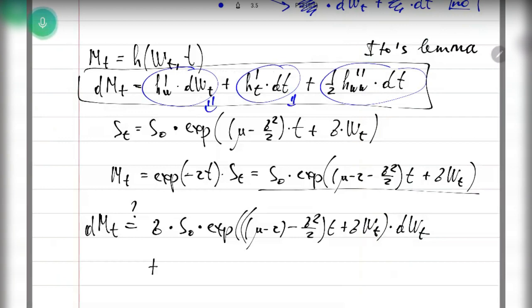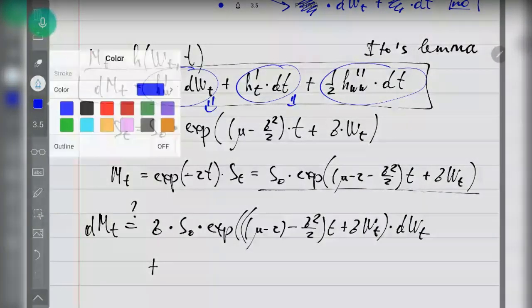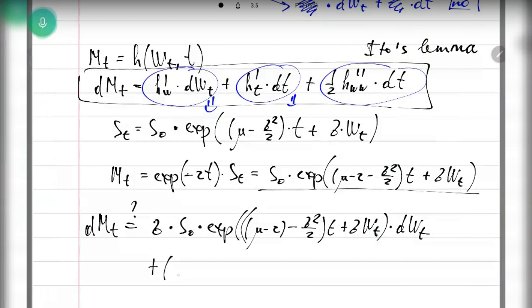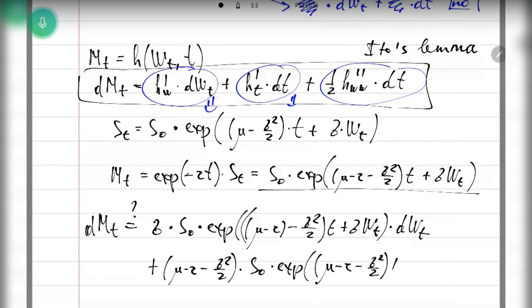Now let's go to the second one, the derivative with respect to t. By the chain rule, I will get (mu minus r minus sigma squared over 2) times S0 times exponent of (mu minus r minus sigma squared over 2) times t plus sigma Wt, times dt.